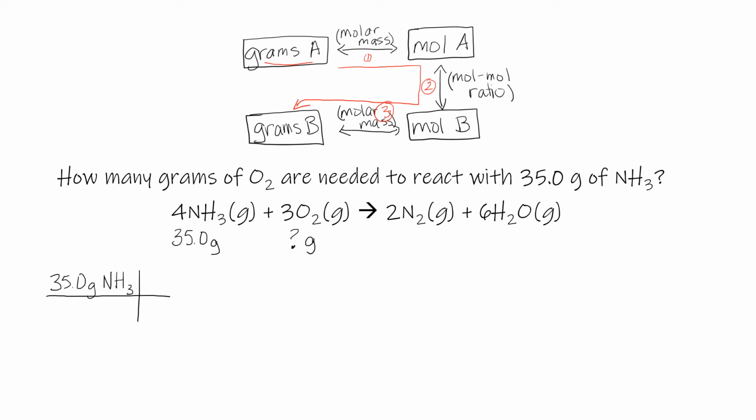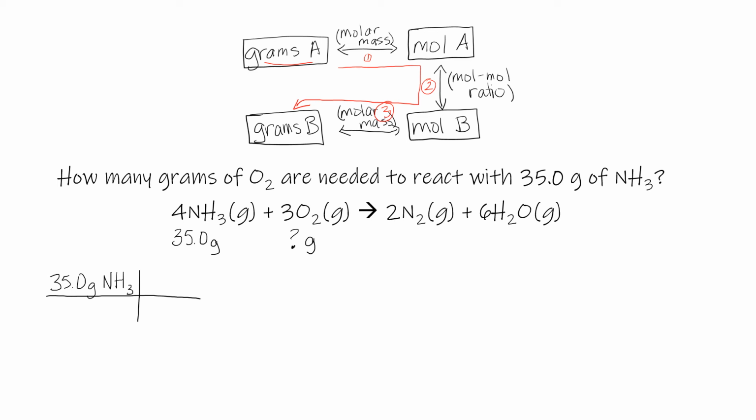We are going from grams of A to moles of A, and so we're using molar mass as our first conversion factor. We go to our periodic table and look up the molar mass of nitrogen and hydrogen, remembering that we have to multiply the mass of hydrogen times 3. So nitrogen has a mass of 14.0, hydrogen has a mass of 1.0.